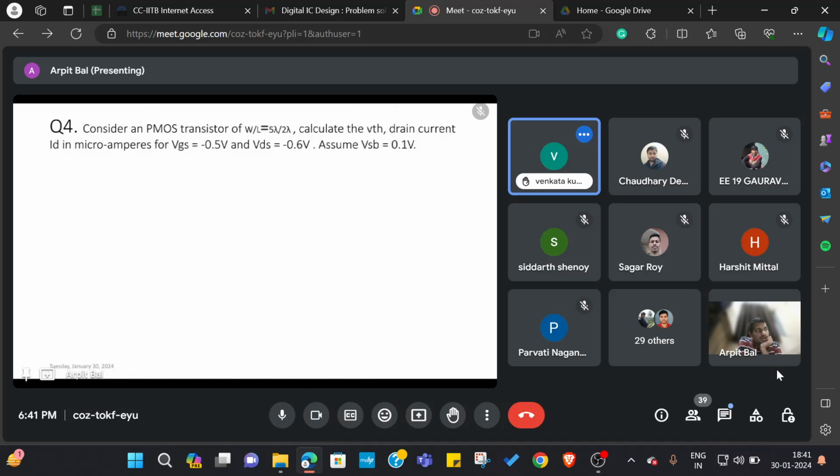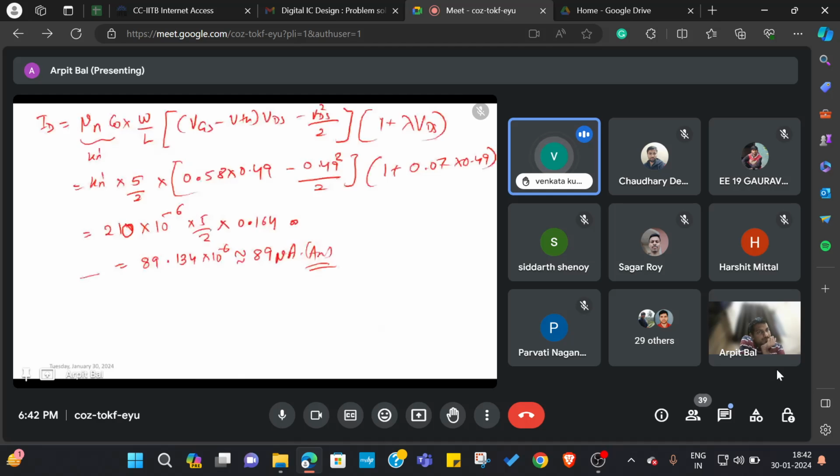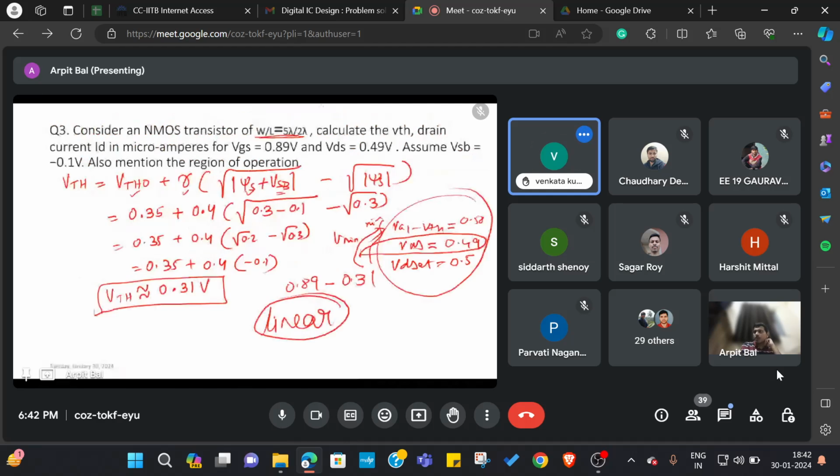See, in case of NMOS, when we calculate IDS, it will be a positive number. But the value of ID, as per this description, refers to current into the drain. Then shall we put a negative sign for PMOS? Yeah, it's a sign convention.